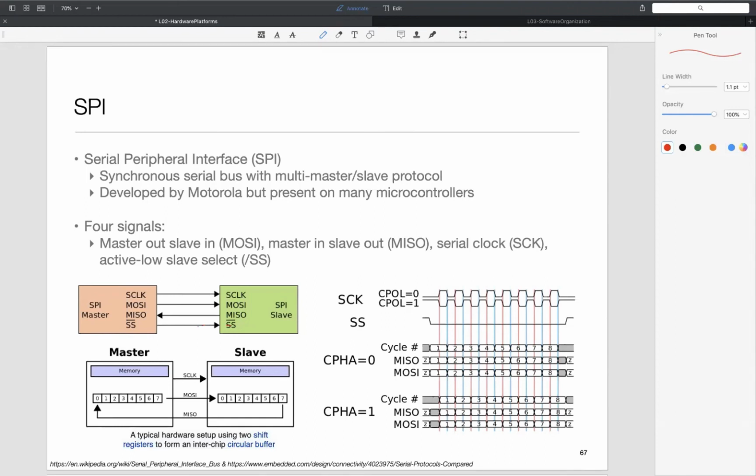So very simple protocol, no addressing, nothing going on. So we just toggle the clock and make sure that the SO has the right bit. And on the SI side, you monitor the clock, and every tick you read in the SI. So you can do it very quickly in software, and many of these processors have hardware support for it. So SPI is very commonly encountered for talking with certain radios and memory chips and things like that.